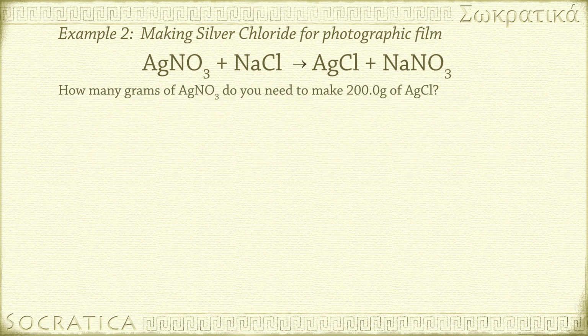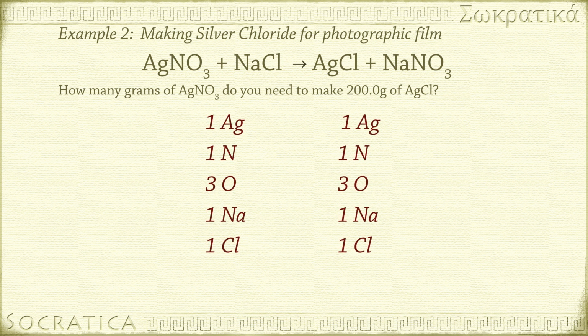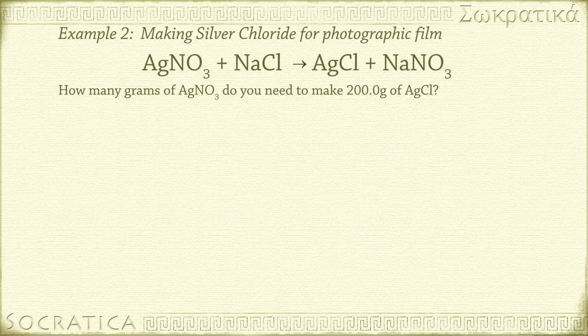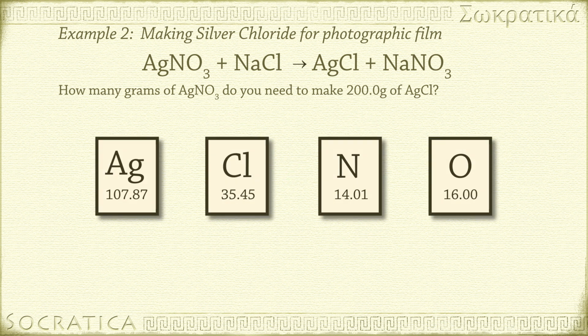First, we check that the chemical equation is balanced. AgNO3 plus NaCl yields AgCl plus NaNO3. And this equation is already balanced. Next, we'll find the molar masses of AgCl and AgNO3.